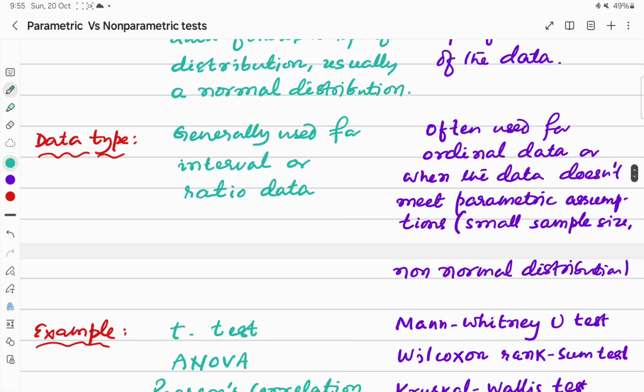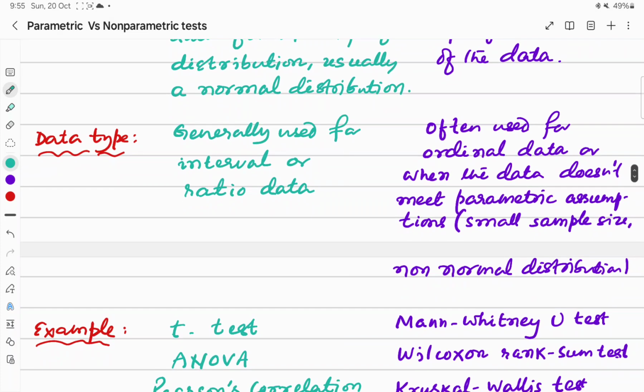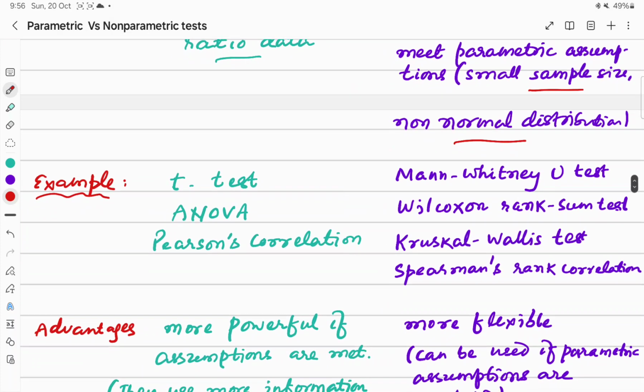Data type: parametric tests are generally used for interval or ratio data, whereas non-parametric tests are often used for ordinal data. When the data does not meet parametric assumptions, say non-normal distribution or small sample size, in that case also we use non-parametric tests.